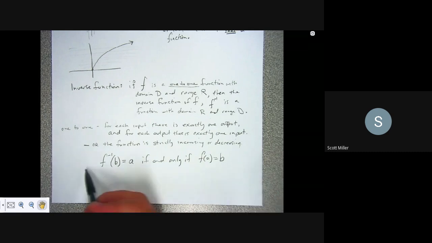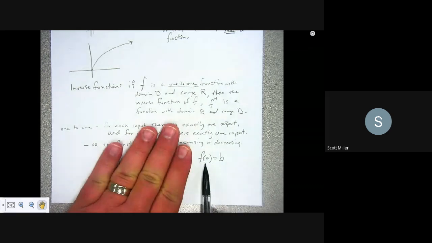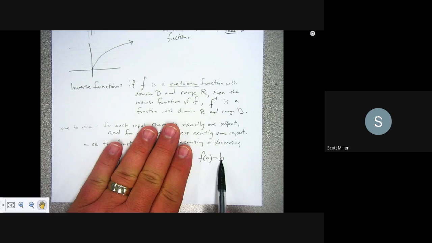What am I really saying there? We want to break it down. If you look closely at it, let's see if we can remember some notation. This says I have a function, and if I plug in the value a into that function, I'm going to get the answer b.